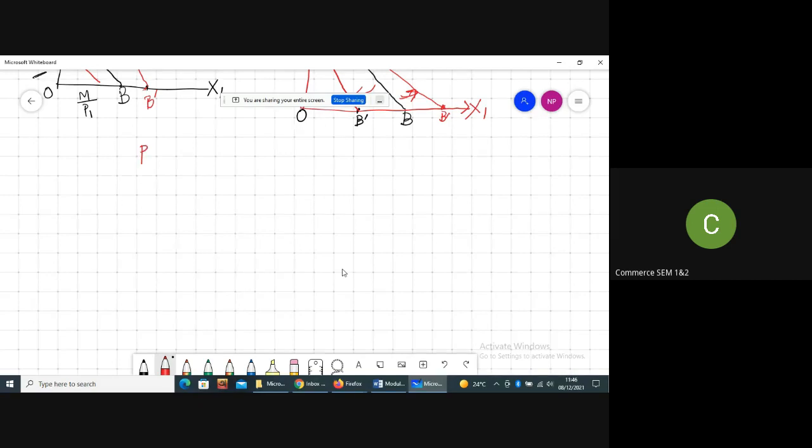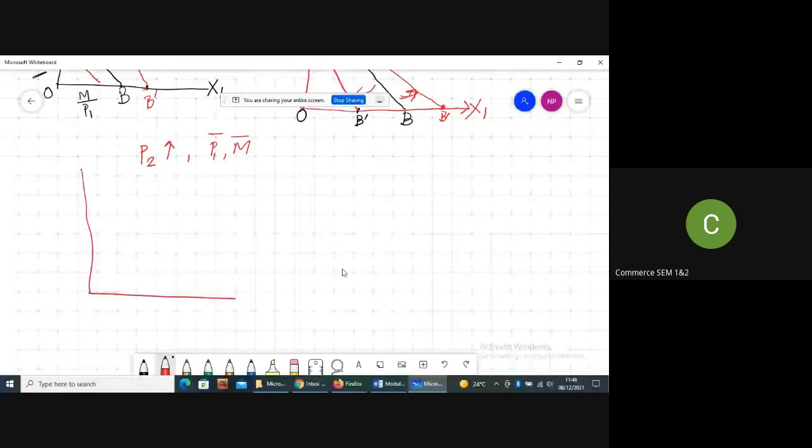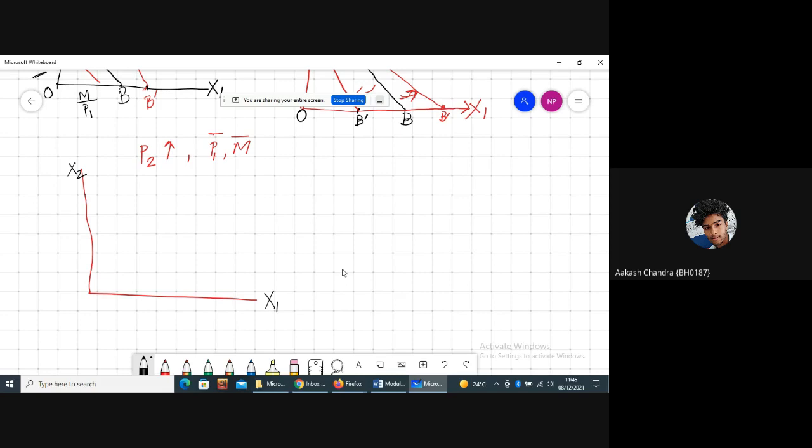Next is if P2 rises and P1 and money income remain unchanged. How will the budget line change? So the budget line will go up along the P2 X2 side. Are you drawing it yourself?